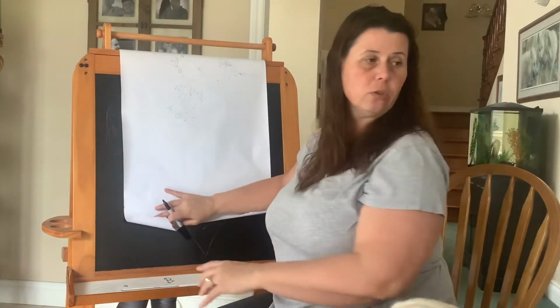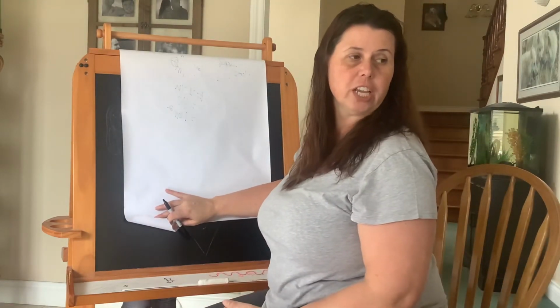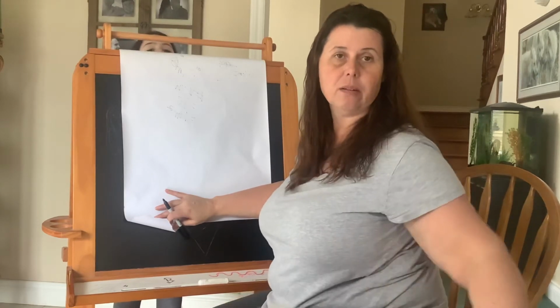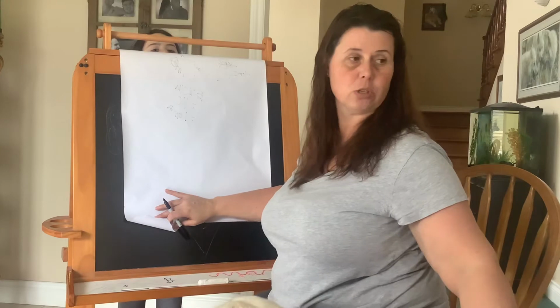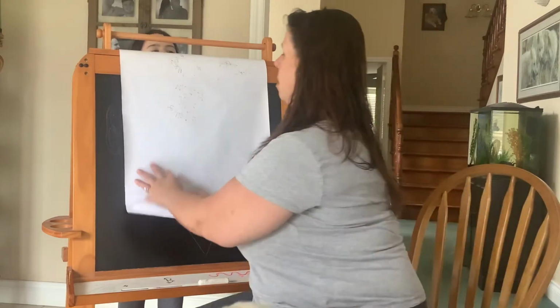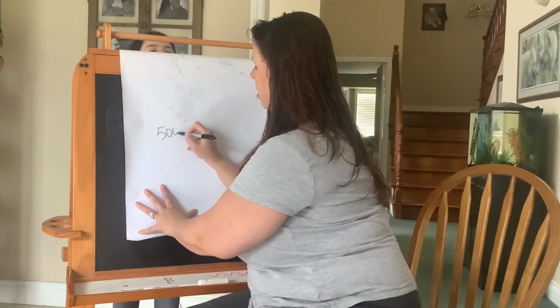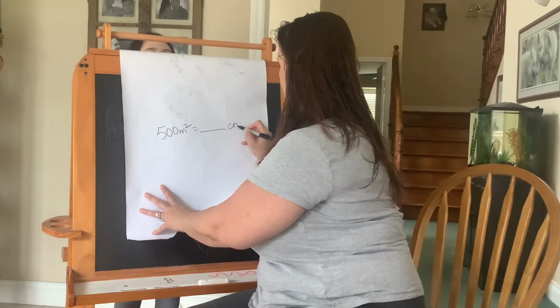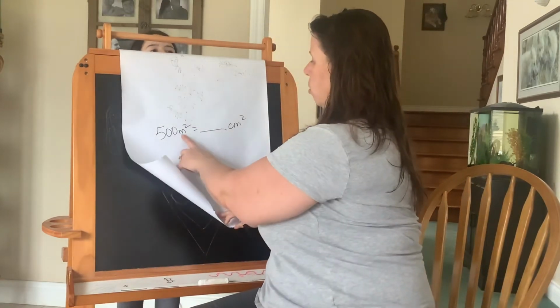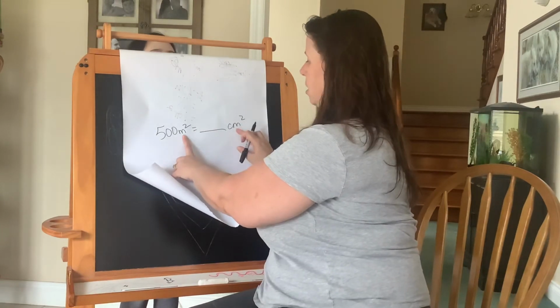Okay, question 4. We're going to change these units, but you're going to do it in your head this time, okay? So we'll walk through the first couple. 500 meters squared is how many centimeters squared? Okay, I'm going from a big unit to a small unit.